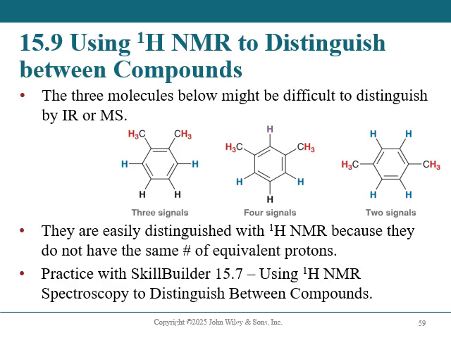The 3 molecules below might be difficult to distinguish by IR or by MS. Especially IR, and MS really, you have the same molar mass. With IR, you have the same functional groups, but with NMR, you have easily distinguishable signals, right? You have these CH3s, they are very symmetrical. So you would see one signal here, another here, 3 signals.